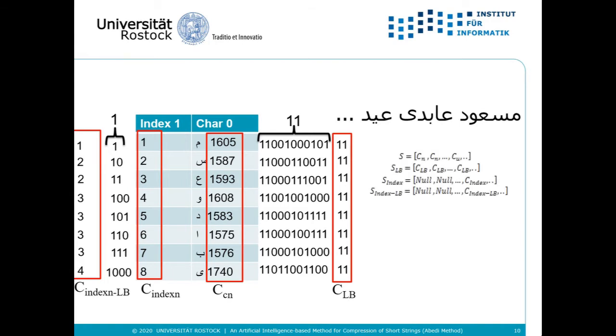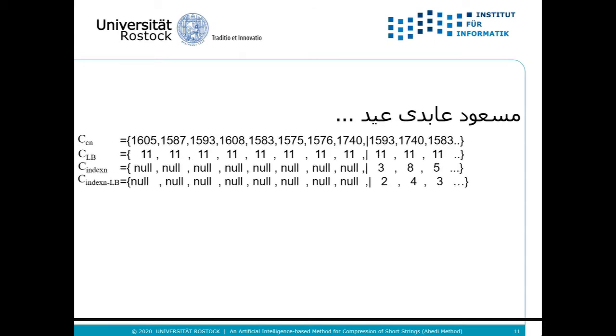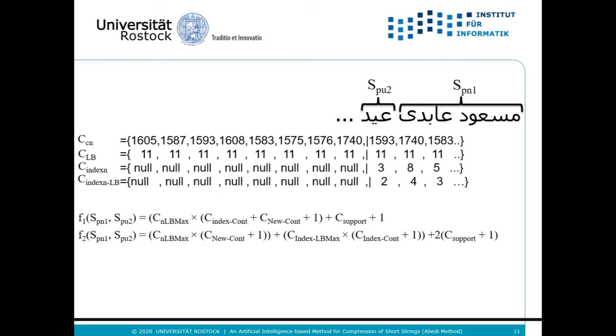Then we have these 4 sets, and now, in this example, we would like to find out if it is efficient to send the SPU2 region, I mean the region with repetitive characters, by using indexes or not. So firstly, for a better understanding, we put the sets in this order and separated the repetitive parts of the characters that we want to check if it is efficient to send them by using indexes or not.